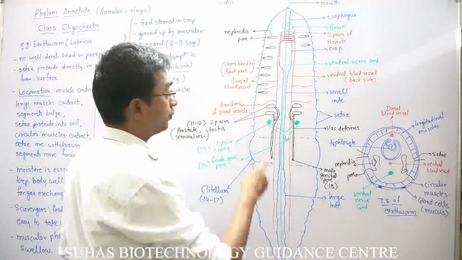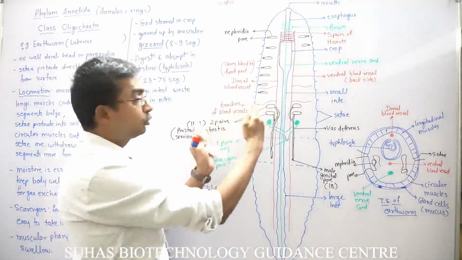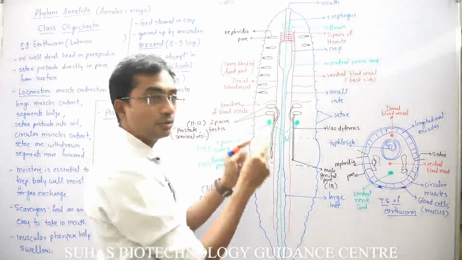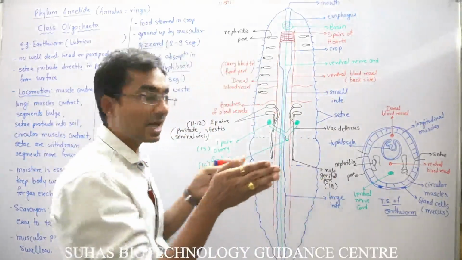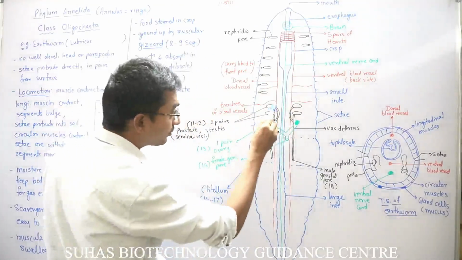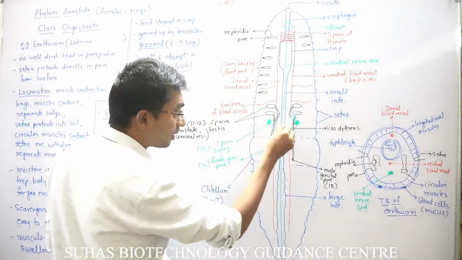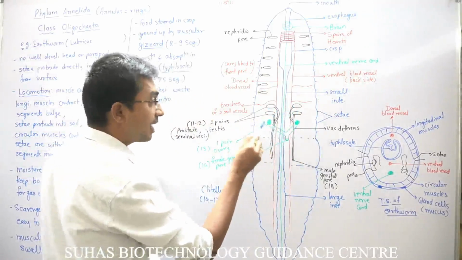and that's why the male reproductive system consists of 2 pairs of testes, 2 on this side and 2 on that side. In this way, on the 2 lateral sides of their body 2 pairs of testes are present, and from the testes you can see the sperm duct will come out, and that will continue as vas deferens.